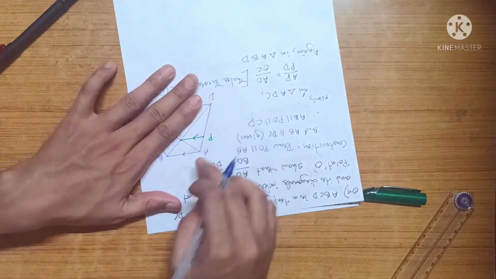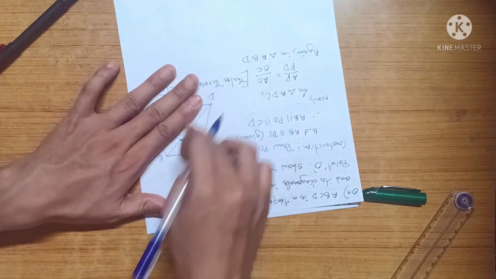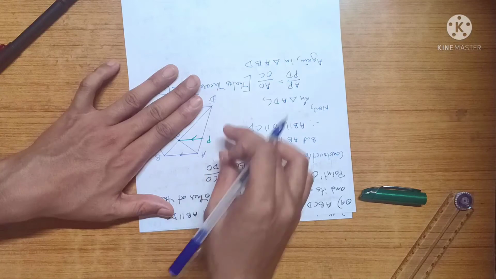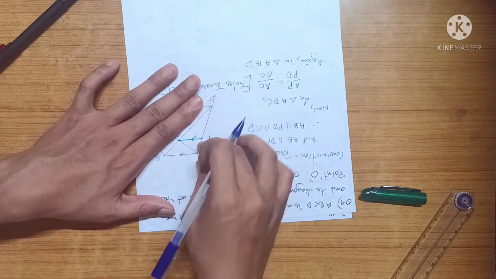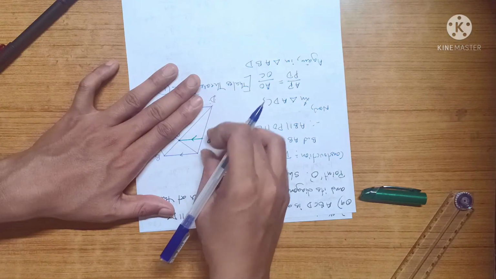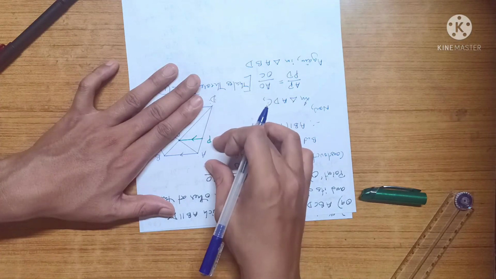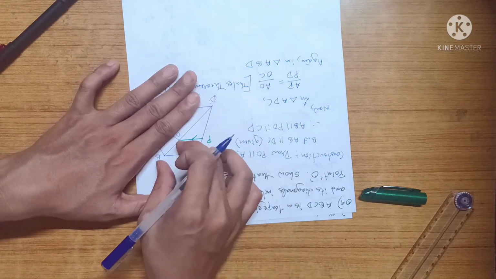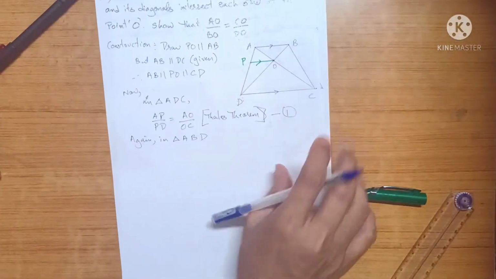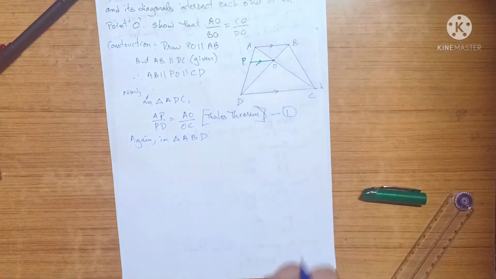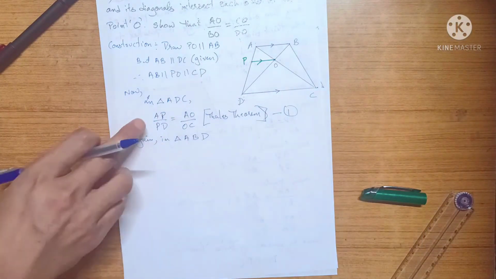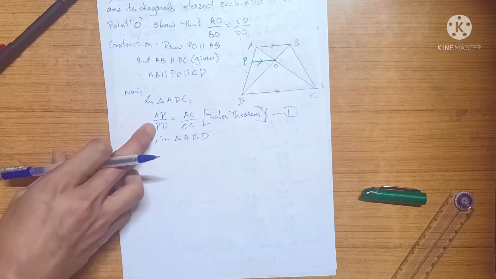So in this triangle, we're taking ABD. In this triangle, these two are parallel, right? So if these two are parallel, we can say this by this, or this by this, equal to this by this, or this by this. Doesn't matter. AP will be one portion, PD will be one portion, BO will be one portion, OD will be one portion, right? So in triangle ABD, according to what we already got, we took AP by PD.